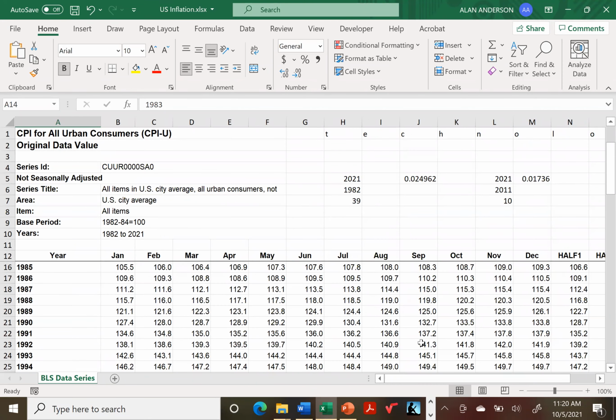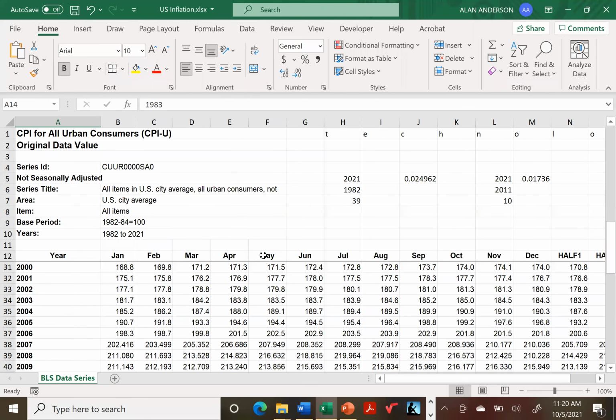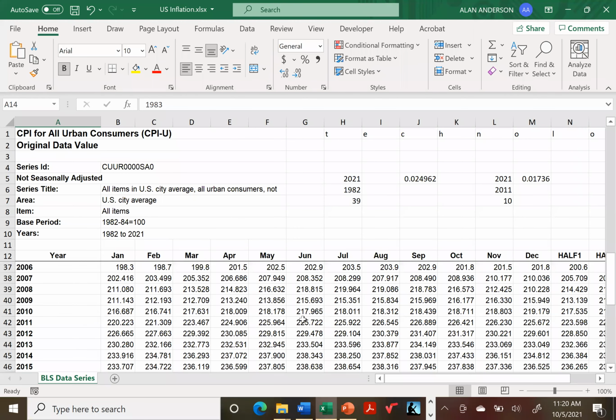So the way they do this is they create that basket, like I said, but they also scale the numbers in an important way. What do I mean by that? If you notice, all these numbers are in the 100s or 200s. What they've done is they've taken the price of the basket. Let's say the basket costs $8,000. What they do is they set or choose what's called a base year.